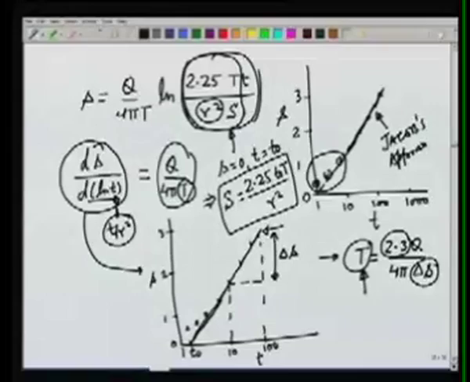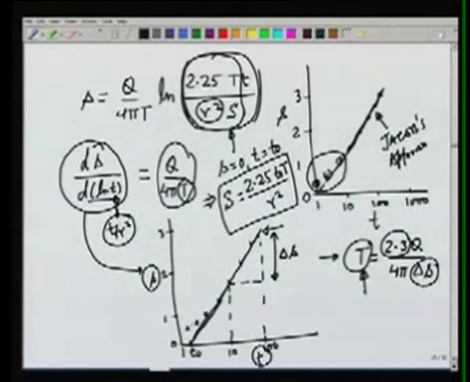So the procedure is, first we have to plot the data on a semi-log plot where t will be plotted on log axis, s will be plotted on arithmetic simple axis. Once we plot the data, we look at the data and see what portion can be fitted by a straight line.